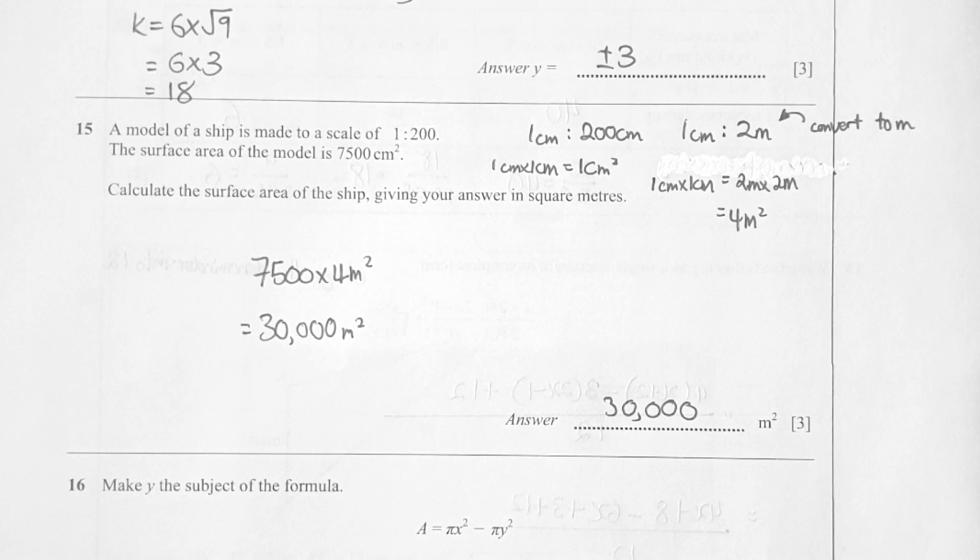For the next question, question 15, do take note that the scale there actually represents 1 cm to 200 cm. So the final answer they wanted must be in meters squared. Based on the scale factor that we have, 1 cm is actually equivalent to 2 meters.